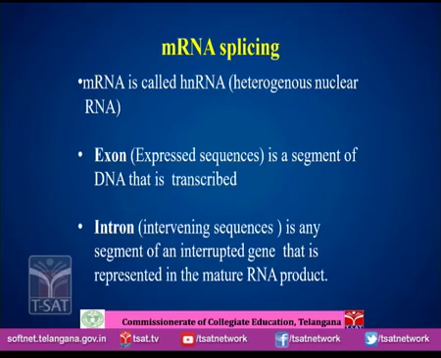The mRNA before post-transcriptional modification is nascent, and after modification it is matured RNA. On matured RNA, the introns are removed and only exons remain. That is very important. That process is explained by the splicing mechanism.